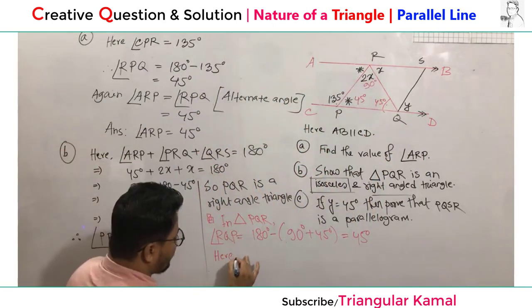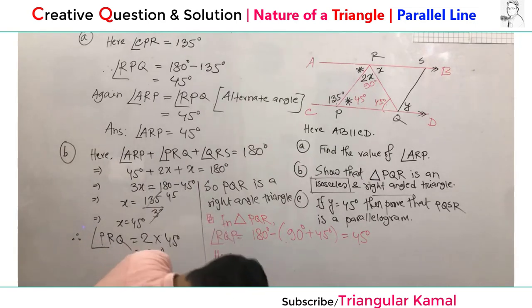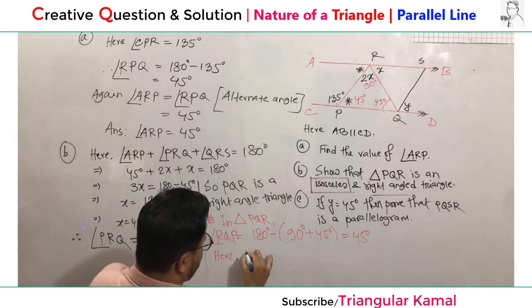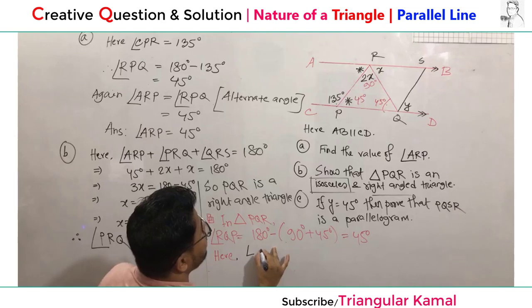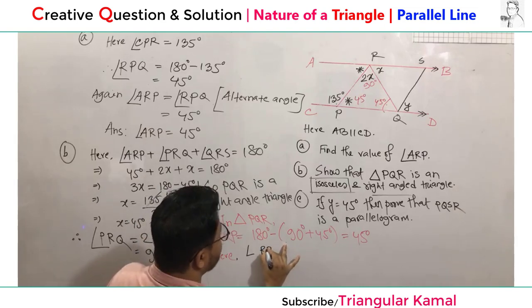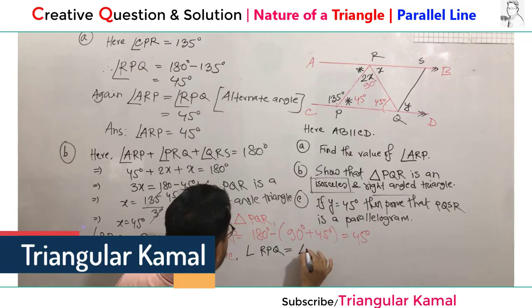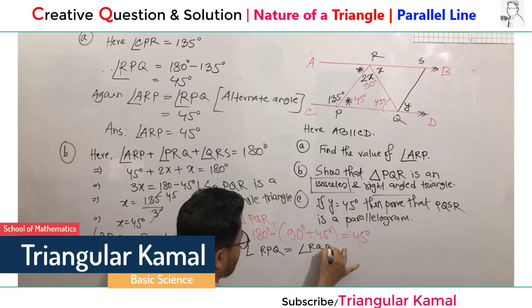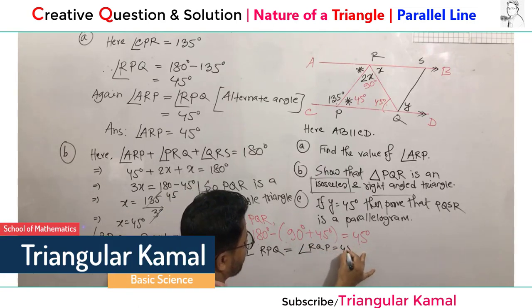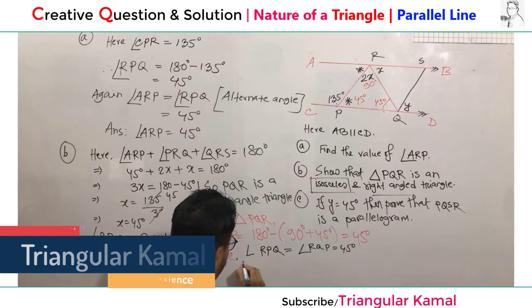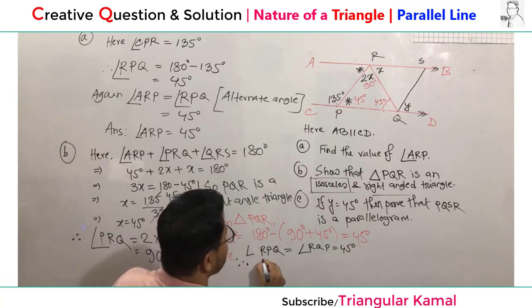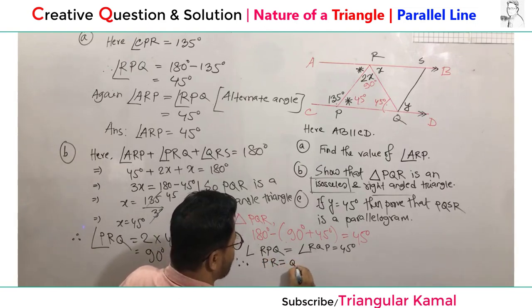Here angle RPQ equals angle RQP equals 45 degrees. So we can write here PR equals QR.